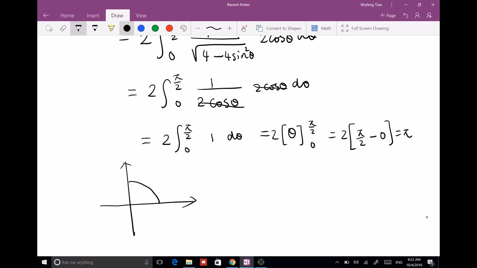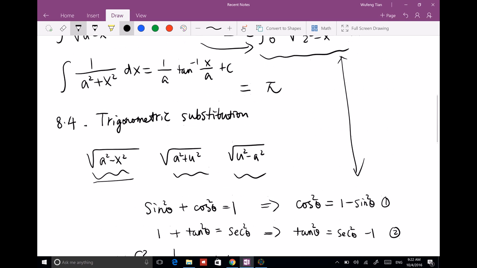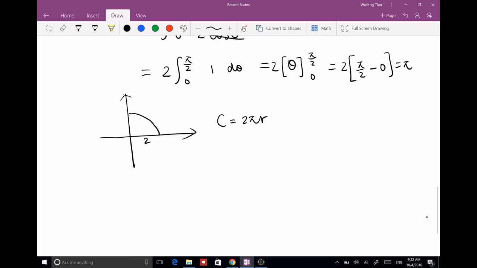So the circumference of the whole circle is C equals 2 pi r, and then the radius is 2. For example, let me forget the previous. The equation is y equals square root of 4 minus x squared, and x belongs to 0 to 2. We discussed that the shape of this arc is just 1/4 of a circle.